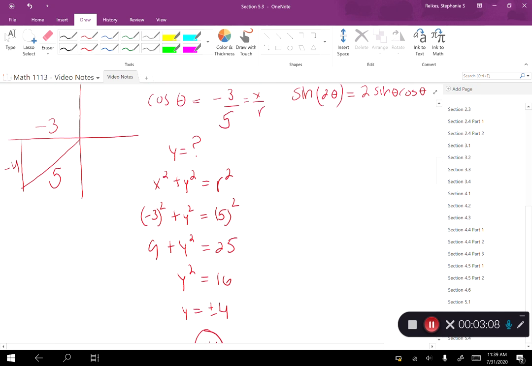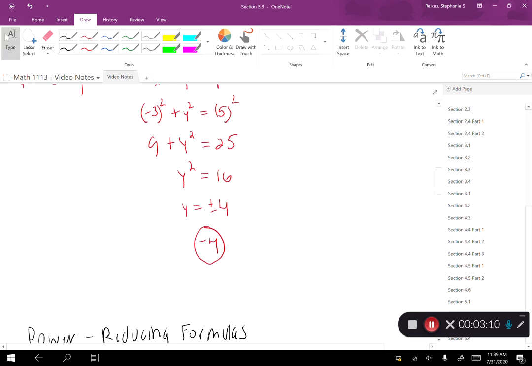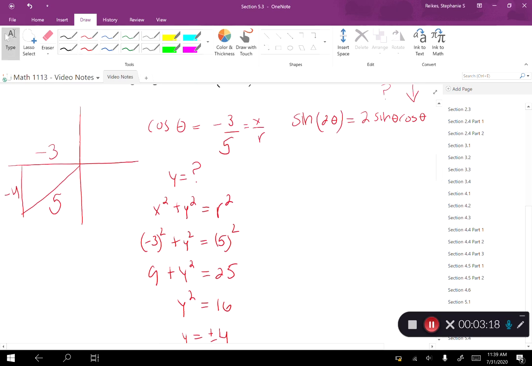Alright, and so I'm missing sine, so sine theta is equal to negative 4 over 5, right? Y over r. Alright, so now I can plug that in. So I have 2 times sine theta, which I just said was negative 4 over 5. And cosine theta was given in the problem. That was negative 3 over 5.